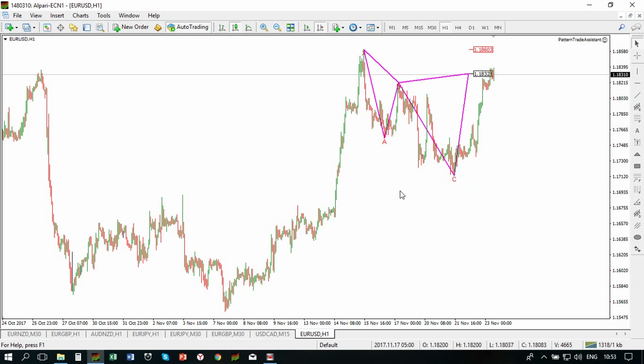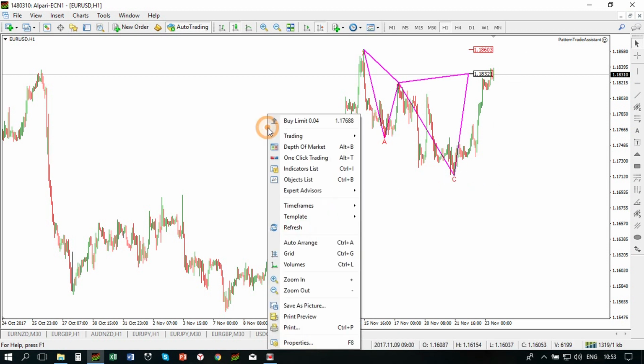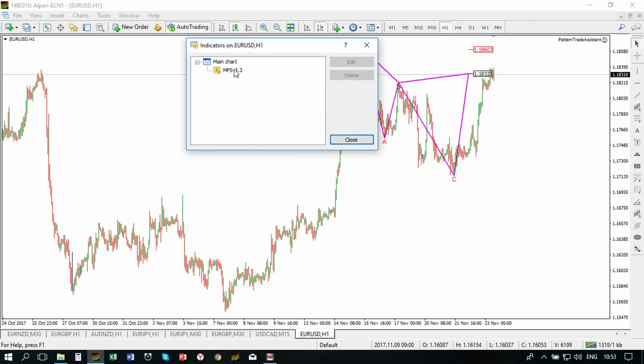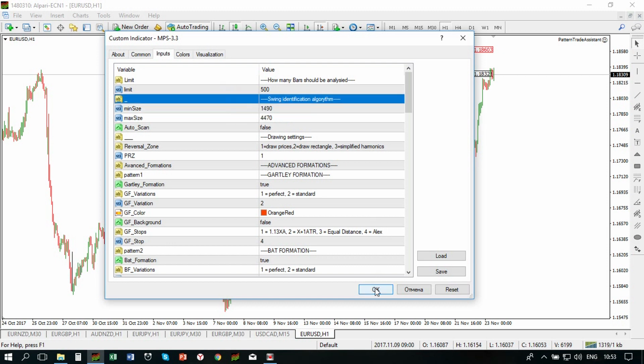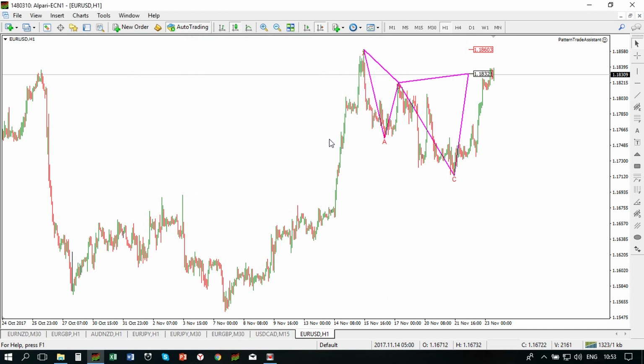Right now it is triggered. You can see that. If I apply my limitation here, let me see if the pattern is valid. 1490, 1490. Okay, let me delete that. Let me redraw the pattern. If it is valid, I will enter it at market.